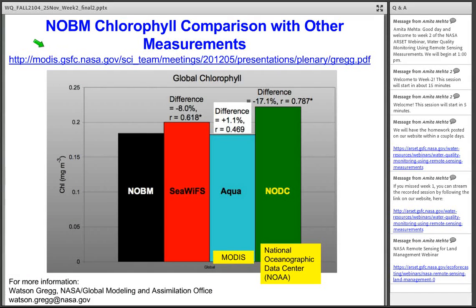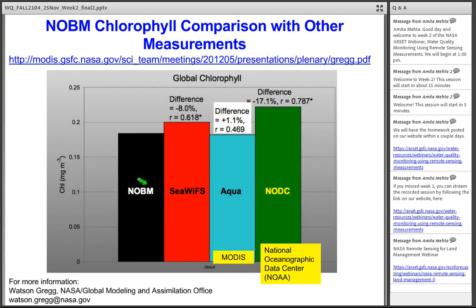So this is a comparison shown here of the modeled chlorophyll concentration in milligram per cubic meter. This is from SeaWiFS, this is from Aqua MODIS, and this is from NOAA in situ measurements. So there are differences among different sensors, but still they compare pretty well, with fairly good correlation here with SeaWiFS.